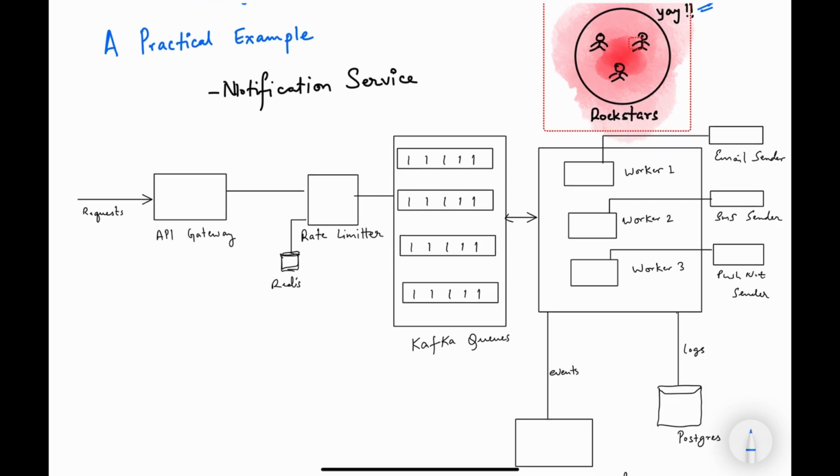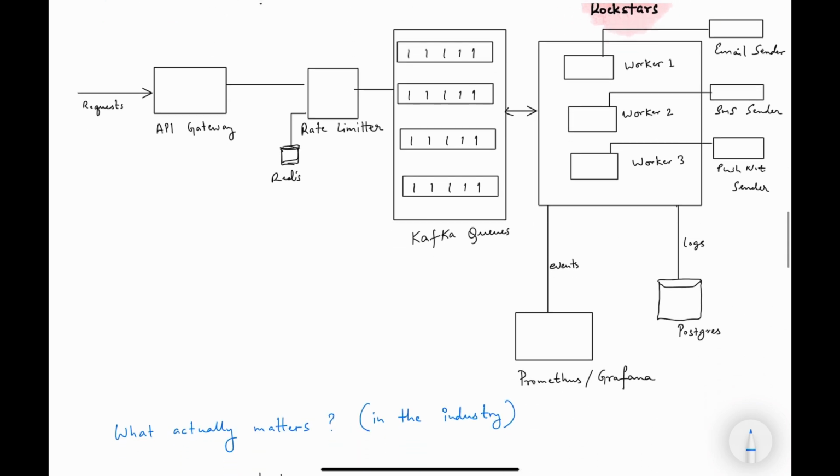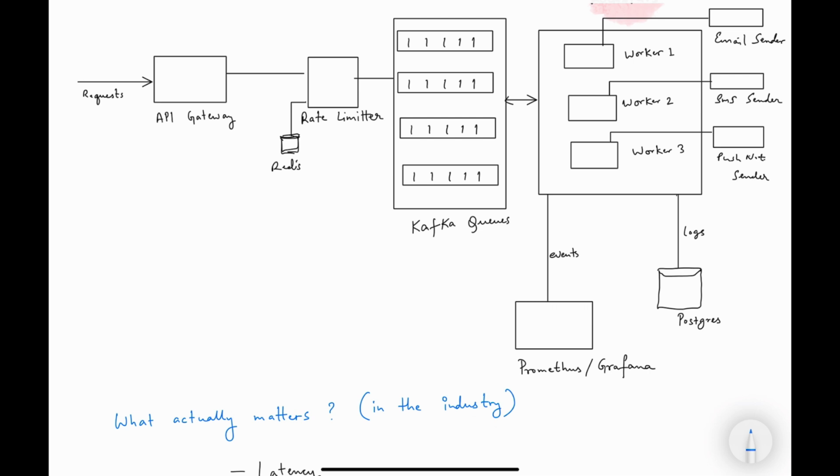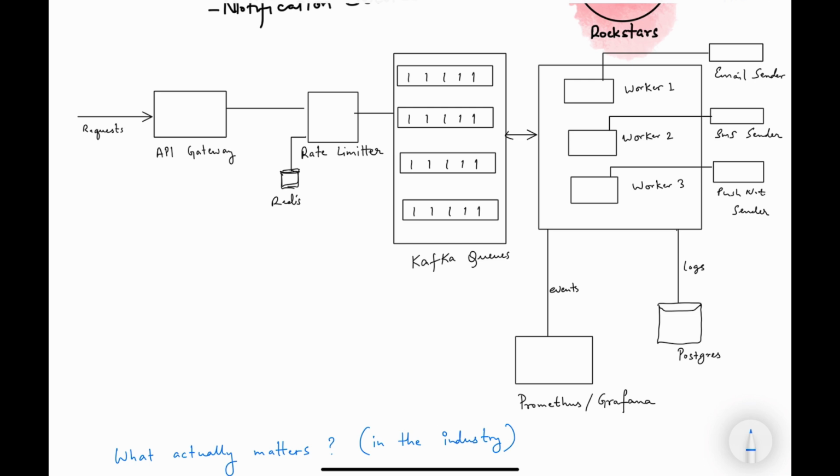The architect in the team starts designing the system on a high level, and then he provides us this diagram. It's a very simple diagram. The notification service has some incoming requests to send out notifications. Let's say it wants to send out 1 million notifications.